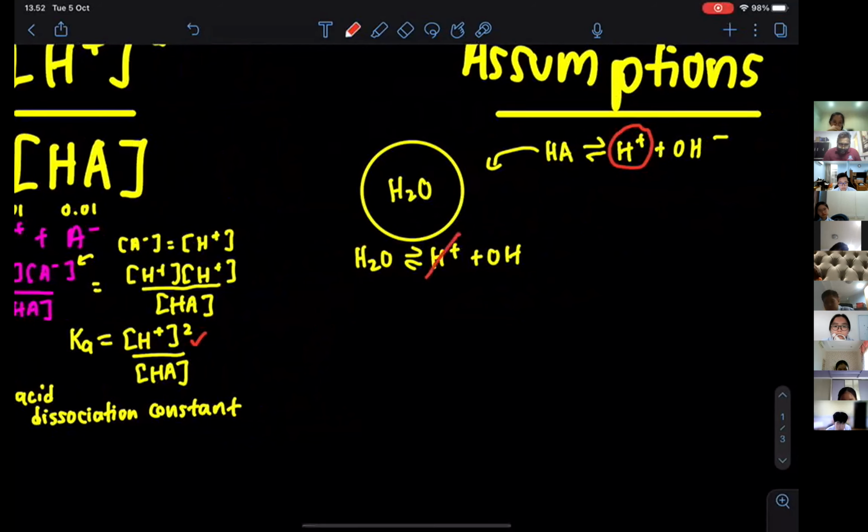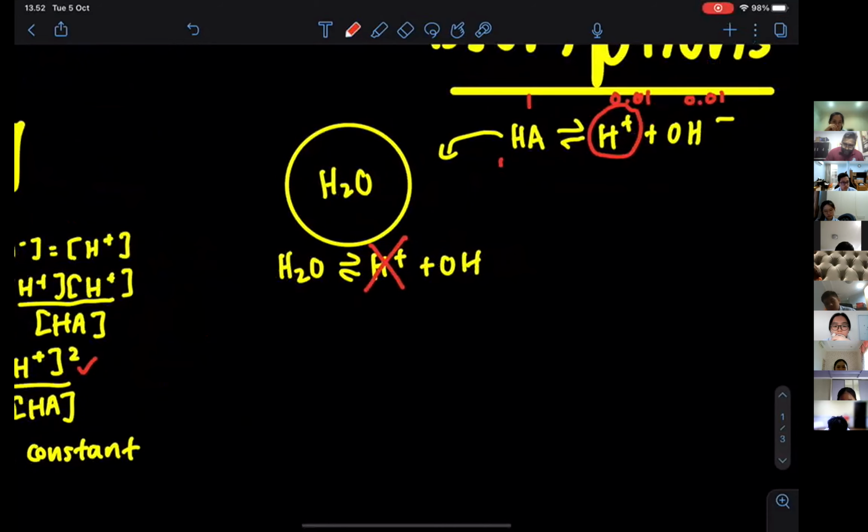The second assumption: like I told you just now, 0.01, this is from 1. If you use the ICE method, initially this is 1, this is 0, this is 0. The change is 0.01, so the change over here must be minus 0.01.